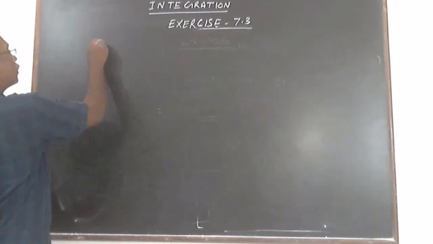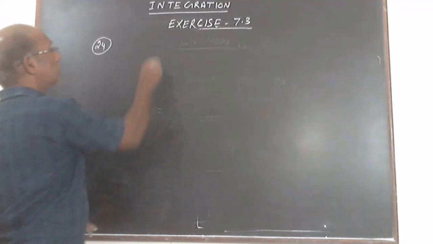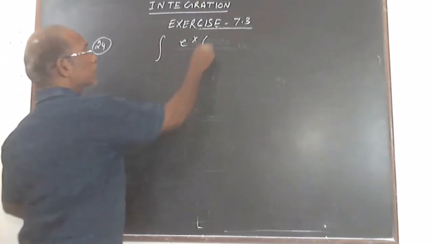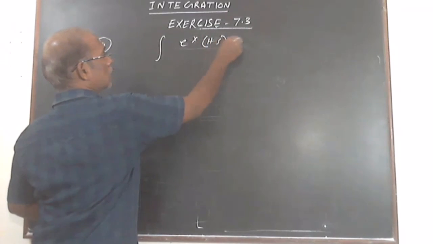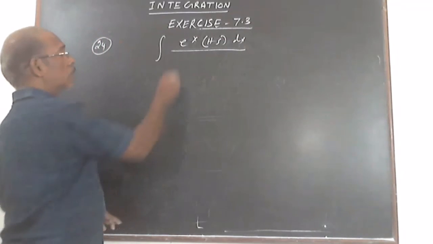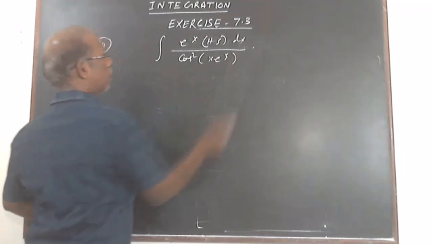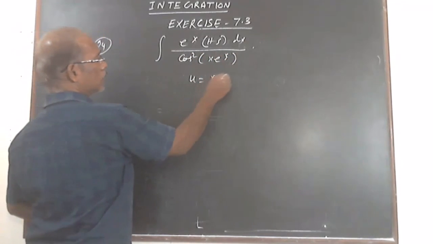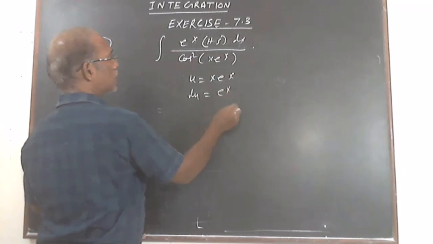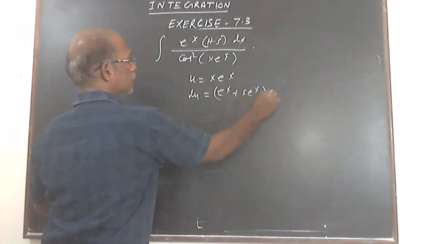Question 24 of the exercise 7.3: integral of e power x into 1 plus x dx, the denominator cos square of x e power x. If you take u equals x e power x, then du is e power x plus x e power x dx.